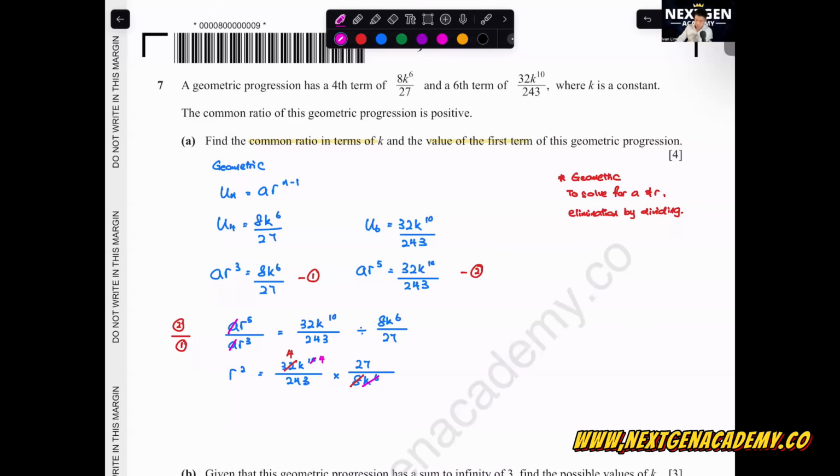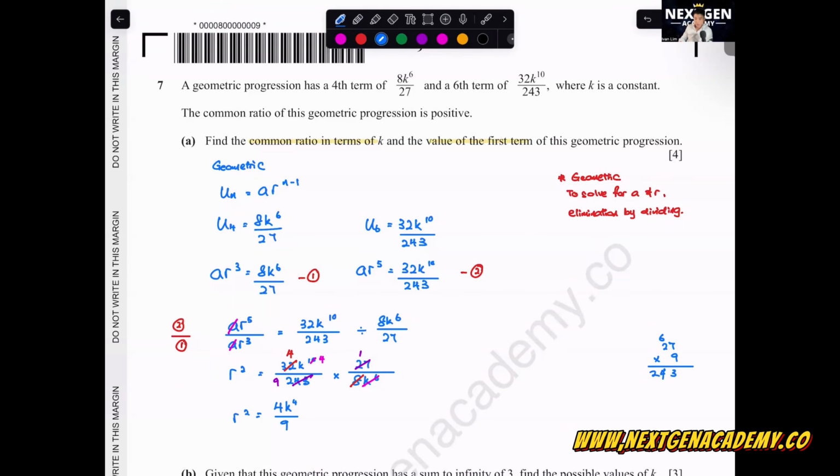Is it 27 times 9? Okay, let's try this one. Because at the end it's 3. 243, okay, so this one 9, this one 1. So the answer here will now be R squared equals 4k to the power of 4 over 9.